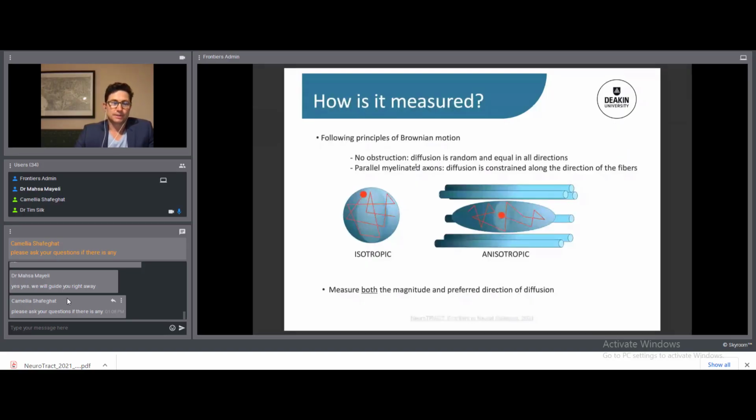So how is this measured? Basically, using Brownian motion, the idea that if a molecule of water has no obstruction, it will diffuse randomly and equally in all directions. If you look at that example on the left, you've got that red circle, which is the molecule of water. It can move around equally in all directions. And so if you took a probability of the directions of diffusion, or if you averaged across a whole bunch of water molecules, you would get a very soccer ball shaped sphere of possible diffusion directions.